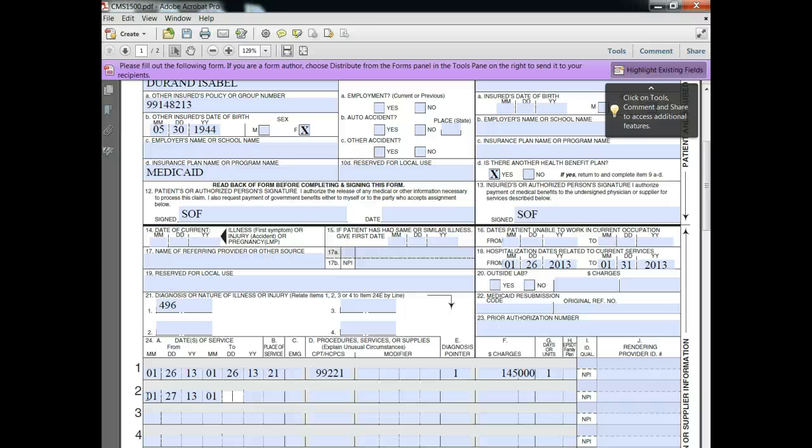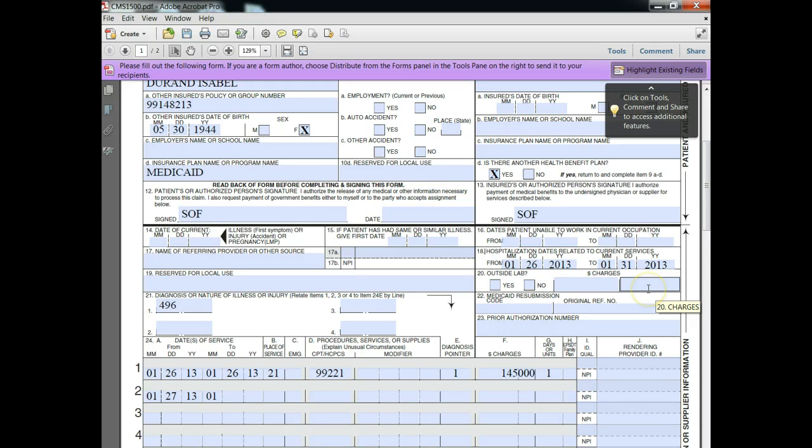So now she was in, again, as you can see up here, from 01/26 to 01/31. 01/31 is her day of discharge, and we get to charge for that separately.